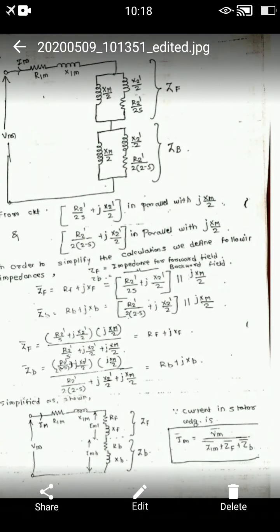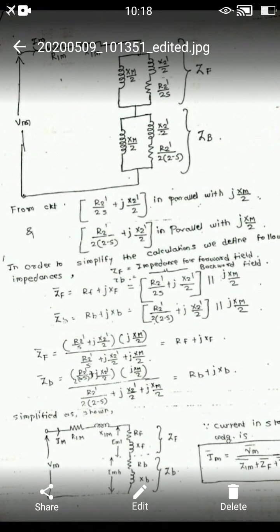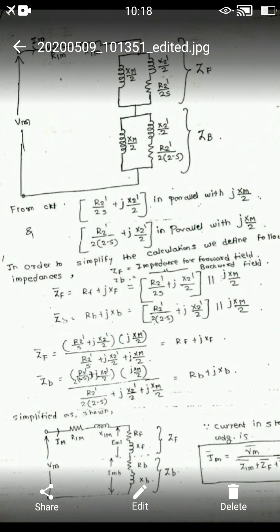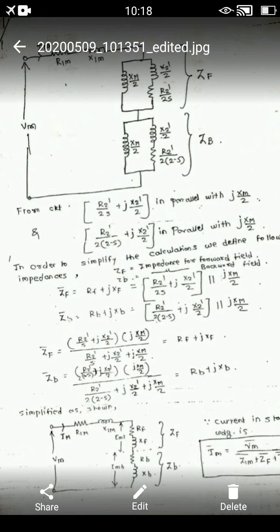For getting the parallel value, we take the multiplication of the two terms divided by the addition of the two terms. It will give you ZF bar equal to RF plus JXF. Similarly, we get Z bar B equal to RB plus JXB.